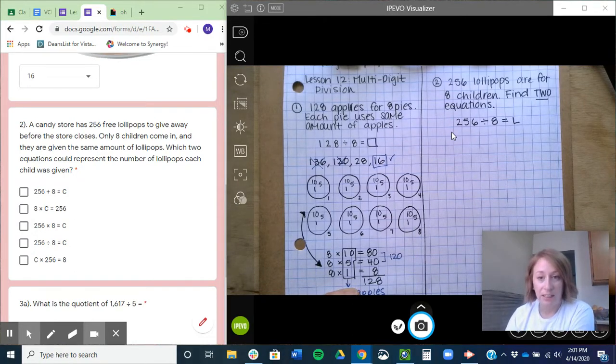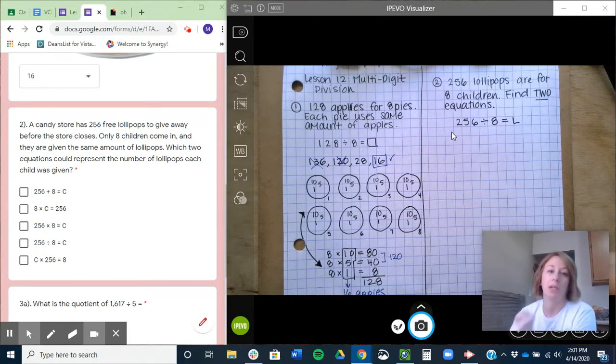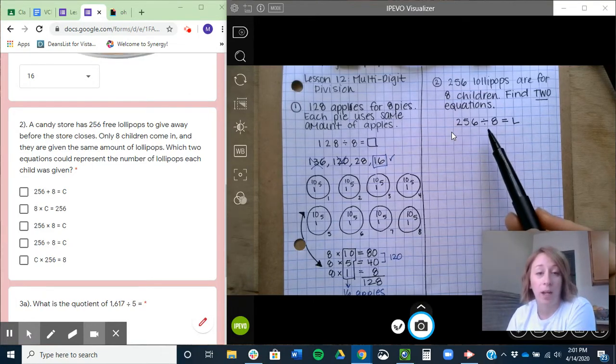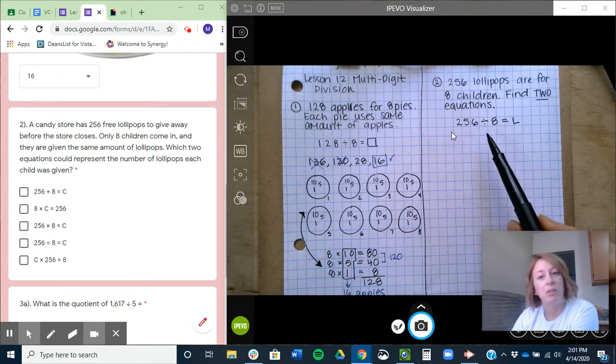The question is asking us to find two equations. If we think about the work that we just did with Pablo's Pie Shop, we knew that there could be another way that we could write this division number sentence using awesome multiplication. So how could we write this number sentence using multiplication?